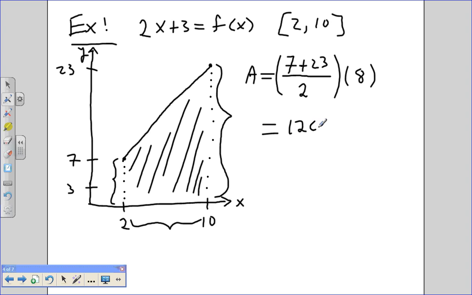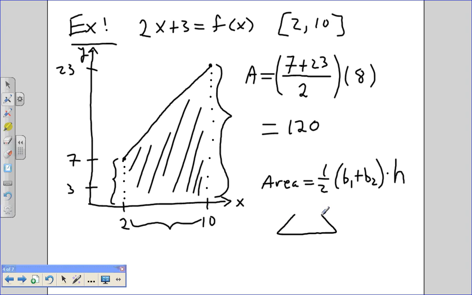I'm just going to draw that area equation for you here. It's 1/2 the average of the bases times the height. That's for a trapezoid that looks like that. So, at least for a straight line, the formula works, and it actually turns out that it works for all shapes.